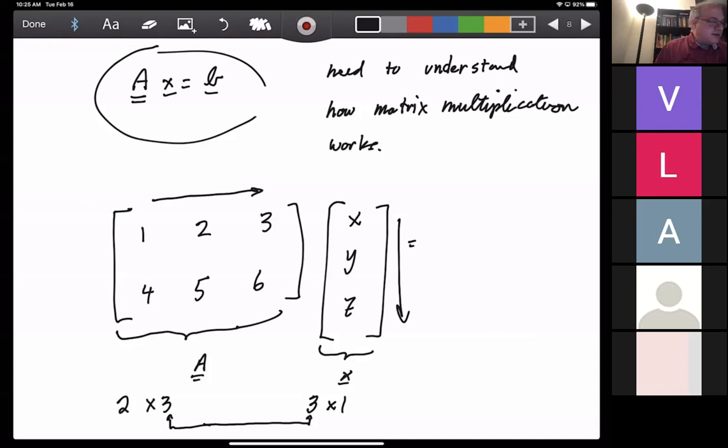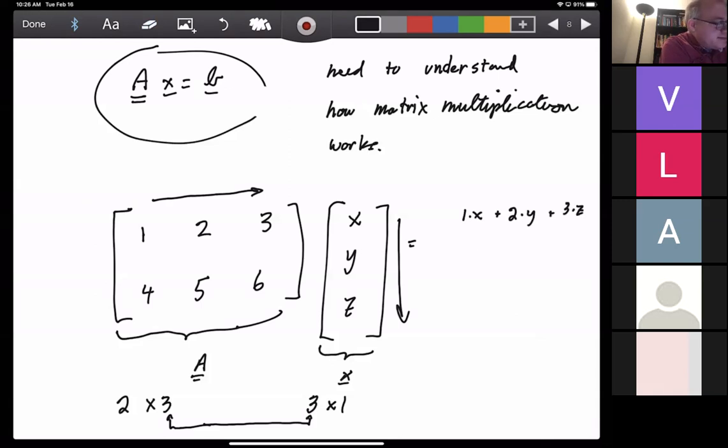So if I go across the row of the first matrix, 1, 2, 3, I need to multiply 3 separate things. Each of these is going to hit something in my second matrix, so there has to be 3 things to hit. So the 1 hits the X, the 2 hits the Y, the 3 hits the Z.